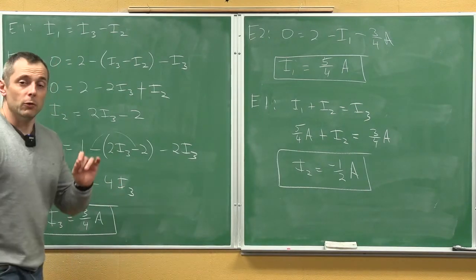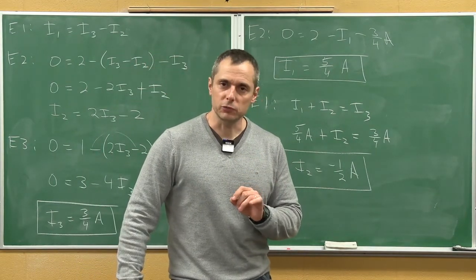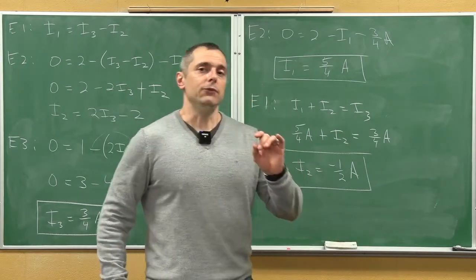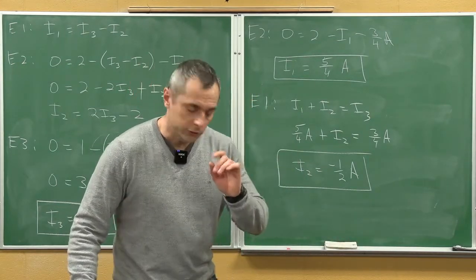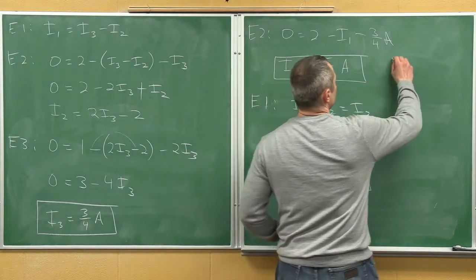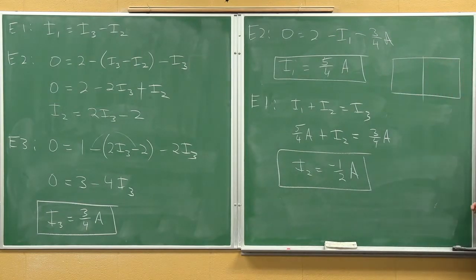So again, remember all the way back in the beginning, I said you don't know how to guess which way the currents go. Just guess anyway. If you guess incorrectly, you'll figure it out eventually. So let's go back to the original diagram. Maybe I'll slip it in over here. And I won't draw the resistors, I'll just draw those boxes to save time.